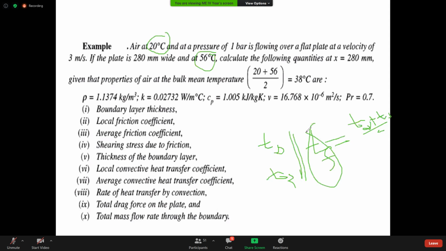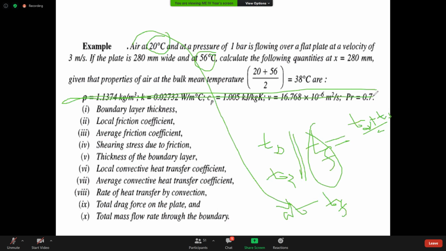After finding out the mean temperature TF, get the properties from the data book corresponding to the given fluid, air. I repeat again. After calculating the TF, get the properties from the data book. These properties will not be given in the problem.